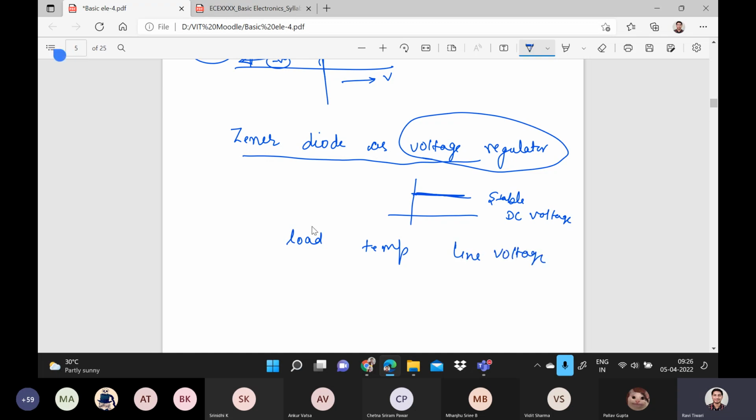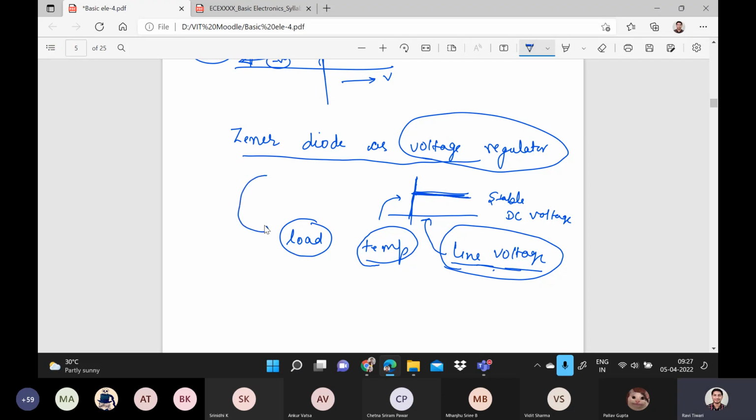That means if you are changing the load, even then you will get the constant DC output. Even if you are changing temperature, then also you are getting the constant DC output voltage. Even if you are changing the source voltage, it's called the line voltage or source voltage, you are still getting the constant voltage at the output.